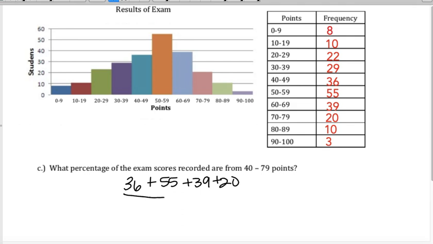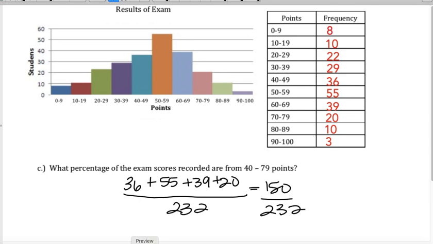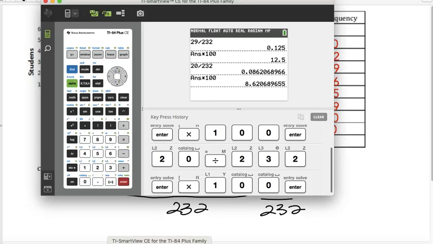We add those up, and our denominator is still the same, all of the observations in the event, 232. When we add these numbers up across the top, we should be getting 150. And then we're going to divide by 232.